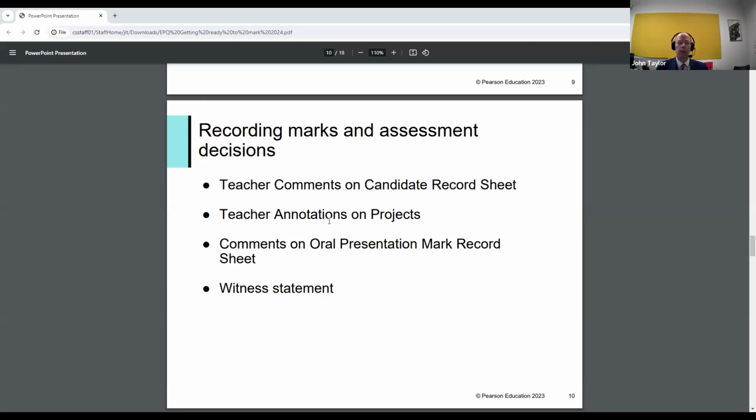When you're marking, we would expect you to comment and to link your comments to the evidence that's available to you from the learner work, and also to the language of assessment that's used in the assessment objective marking grids. So minimally, it would be good to have detailed commentary on the candidate record sheet. Some teachers do also annotate scripts, and that can be helpful as a way of showing particular sections and where they're significant when it comes to marking decisions.